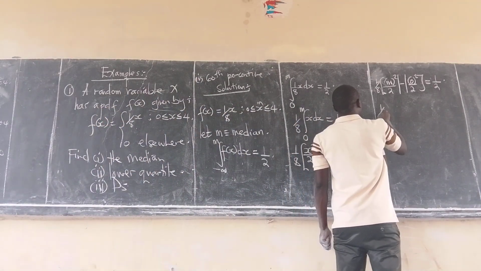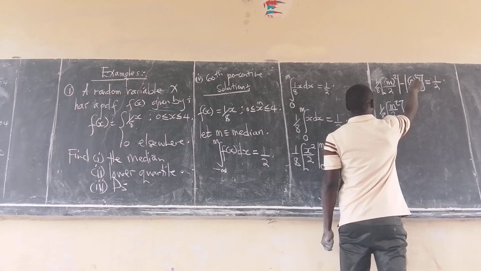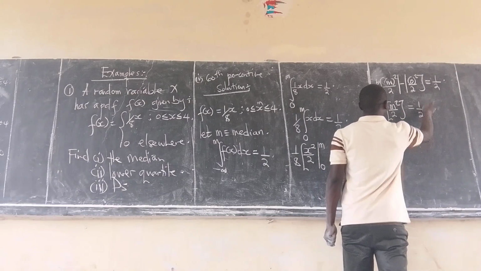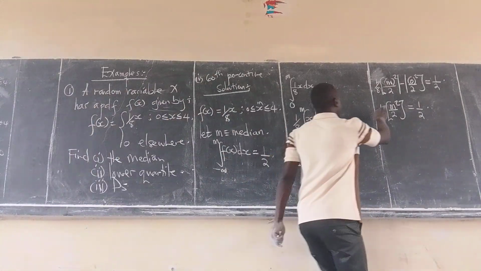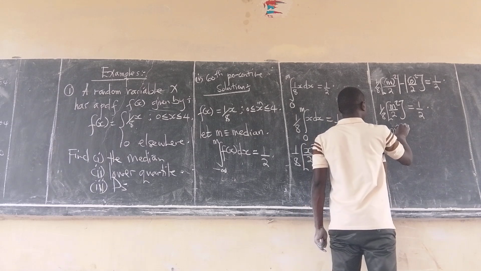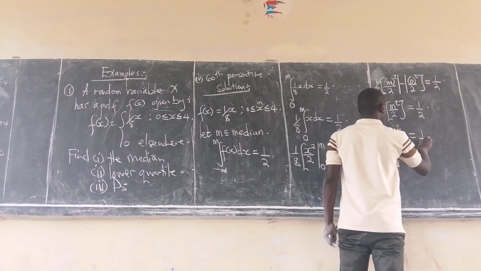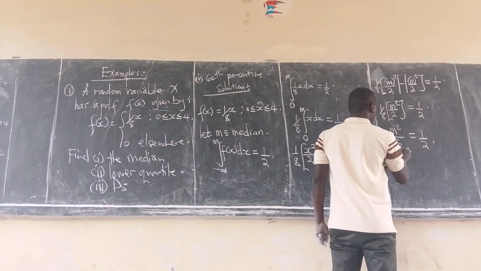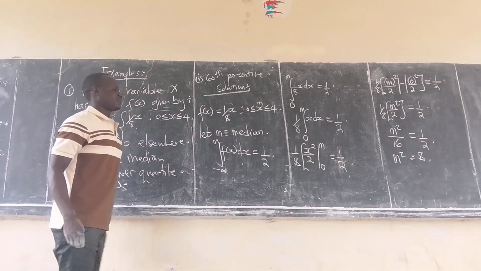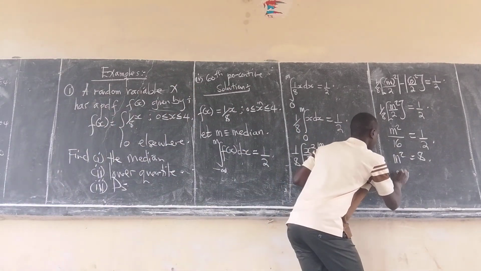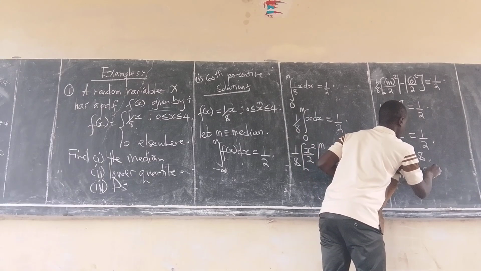So we have 1 over 8 into m squared over 2, the other one refers to 0, and all that is equal to a half. So this is 1 times m squared, which is m squared, over 8 times 2, which is 16. All that is a half. So our m squared is going to be 8, which means that m is going to be plus or minus the root of 8.